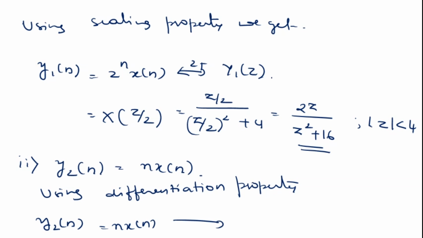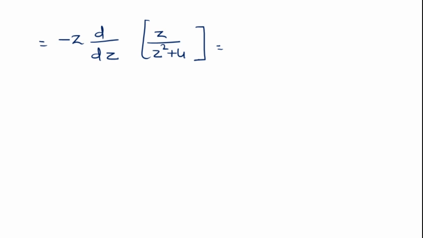If we take z transform, we get y2 of z which is equal to minus z into d by dz of x of z, which is equal to minus z into d by dz of z by z square plus 4, which is equal to z cube minus 4z divided by z square plus 4 whole square, with mod z is less than 2.